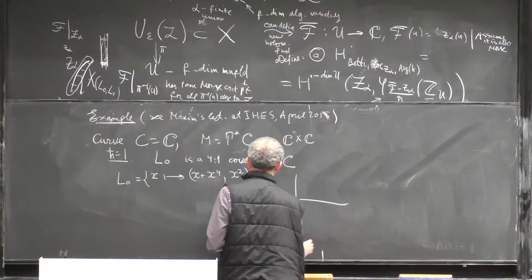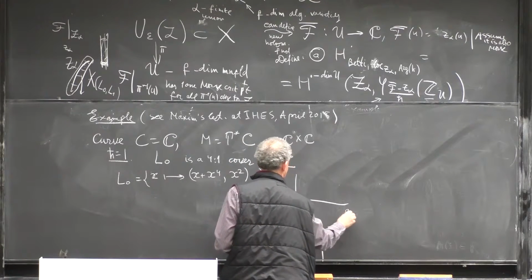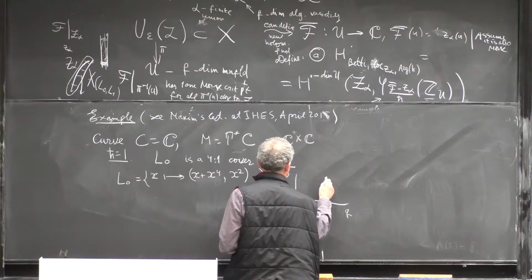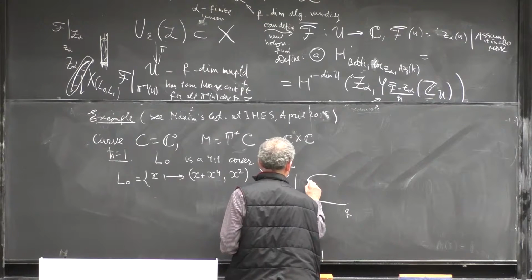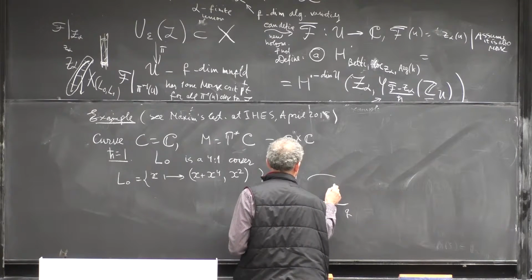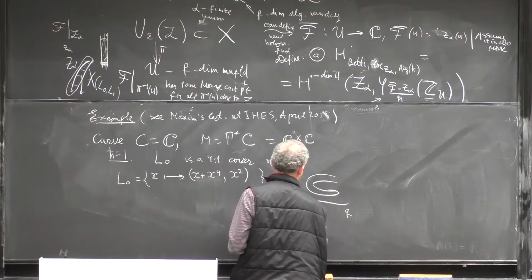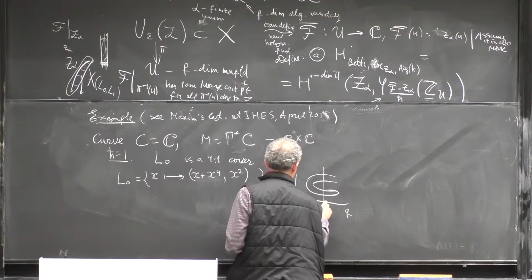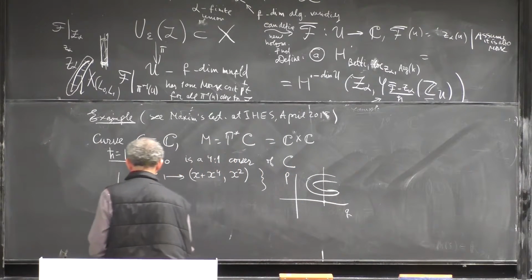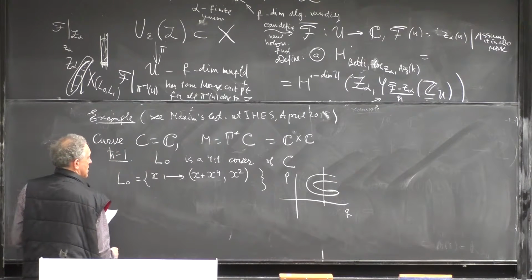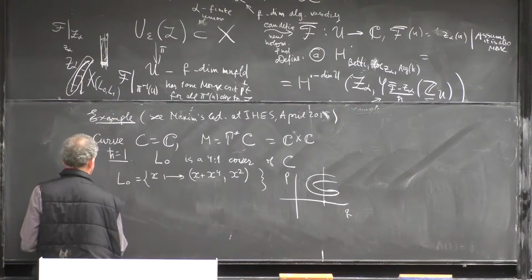So it's something like this. Let's say it's Q, P, and I don't know how to write it down. Something like this. Okay.